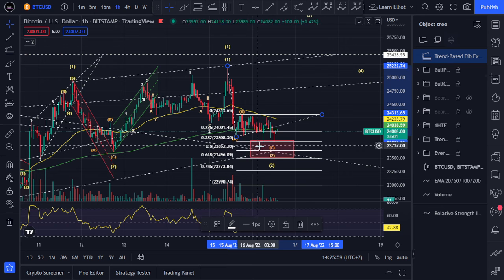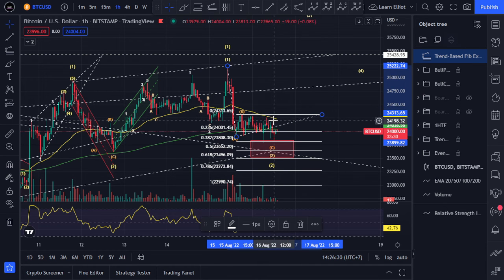But the price actually dropped as low as 23,700, below the 0.382 Fibonacci retracement here, moving inside this rectangle that I drew, and it went back up again, but it holds at the 50 hourly EMA line here.